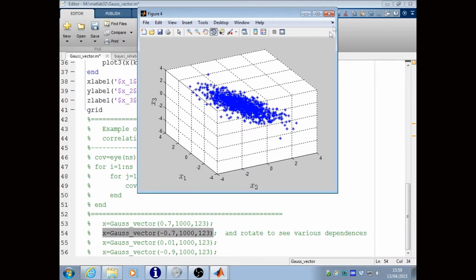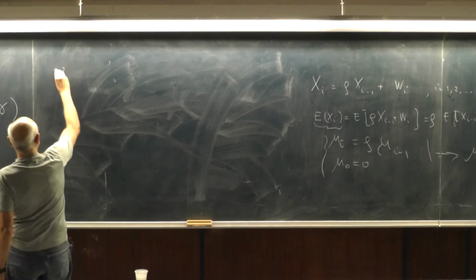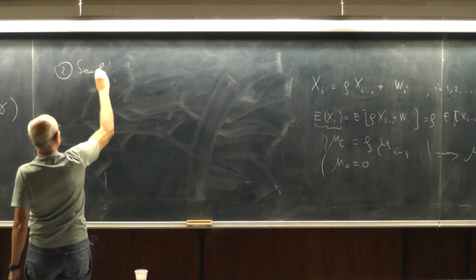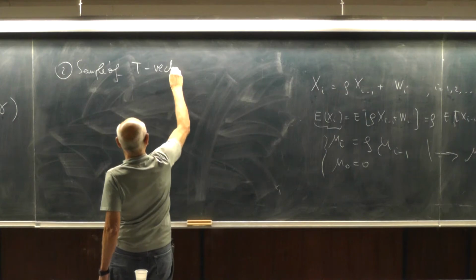Now, what if you want to translate this process, this vector? Let's suppose you want to generate something else. What do you want x1 to be? Let's make something on x1. We want to make right now 2 samples of a translated vector, right?